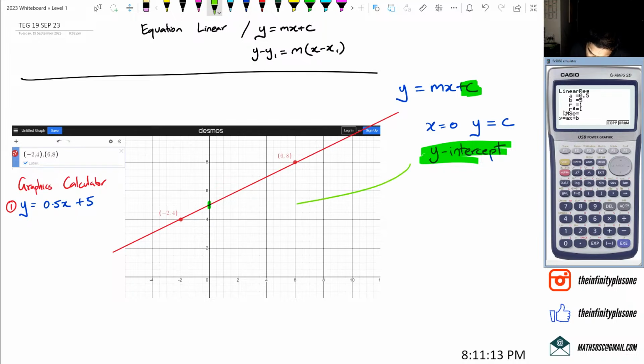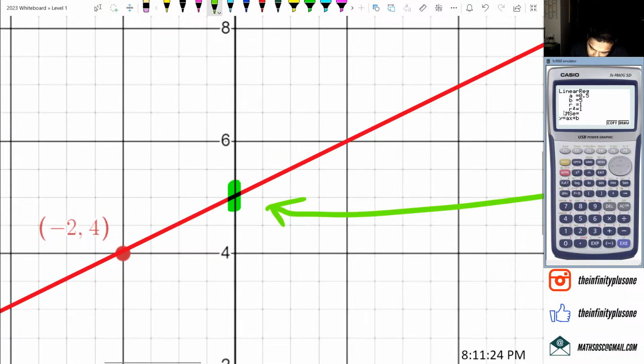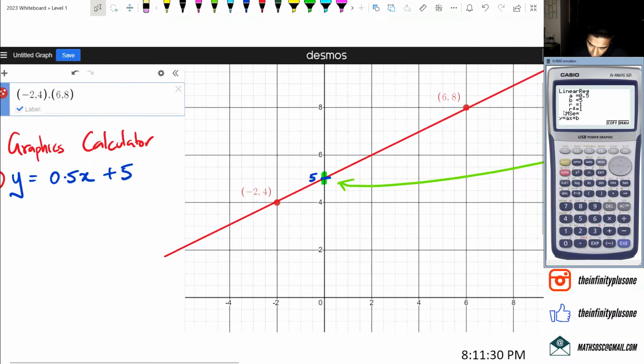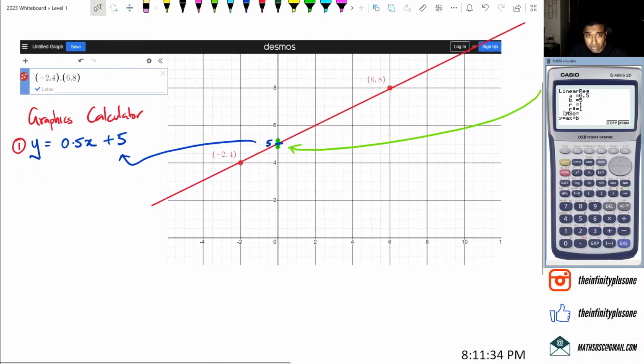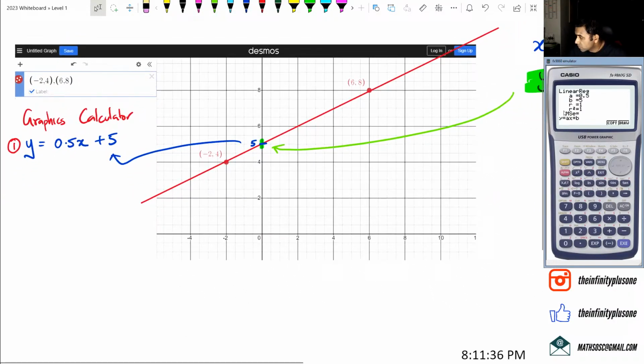This is known as the y-intercept because you're literally looking at where this line cuts the y-axis. In this particular case, you can see that this is going to be 5, and according to the graphics calculator, we found the y-intercept to be 5 as well.